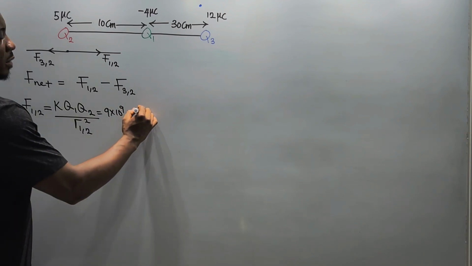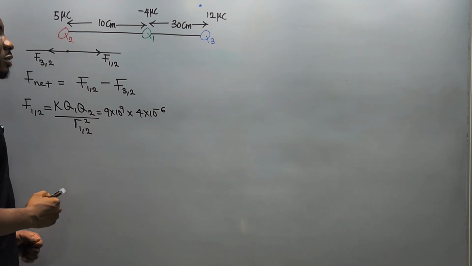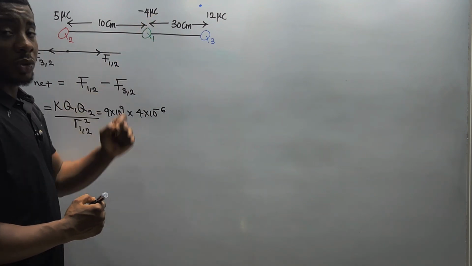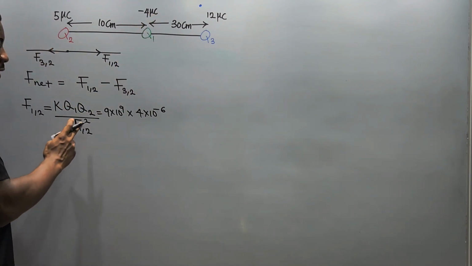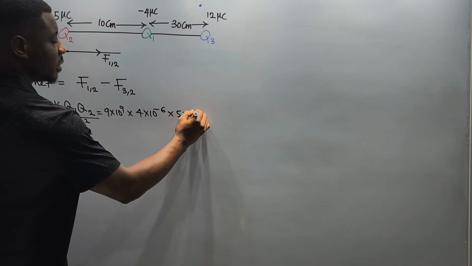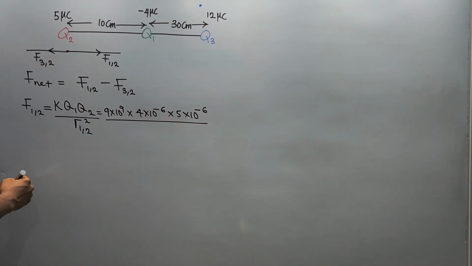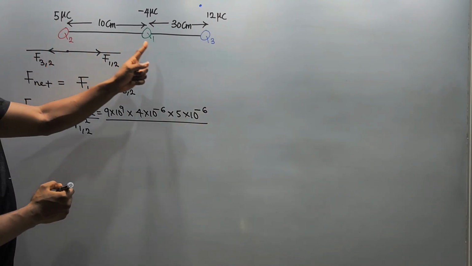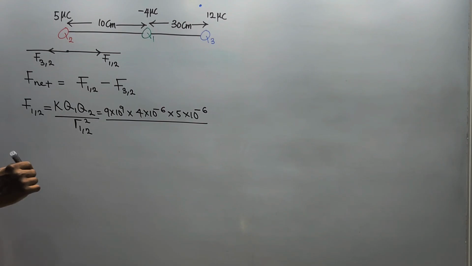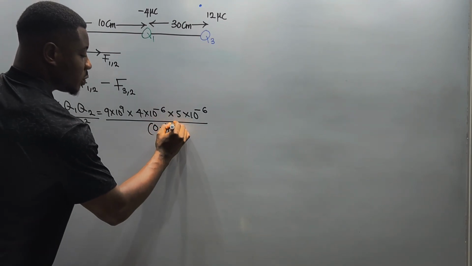Q1 is 4 times 10 raised to the power negative 6, because we are converting from microcoulombs to coulombs. Then Q2 is 5 times 10 raised to the power negative 6. The distance from 1 to 2 is 10 cm, which converted to meters is 0.1 meters. So we square it.